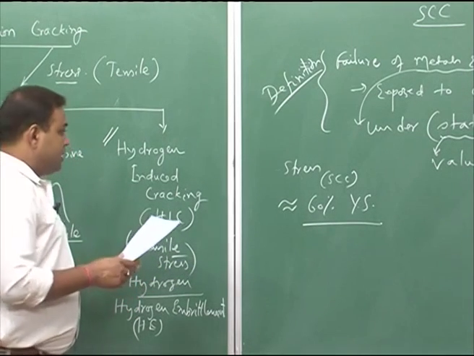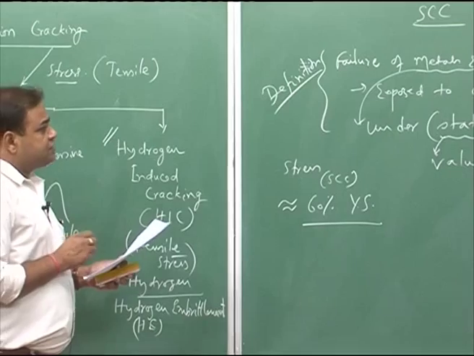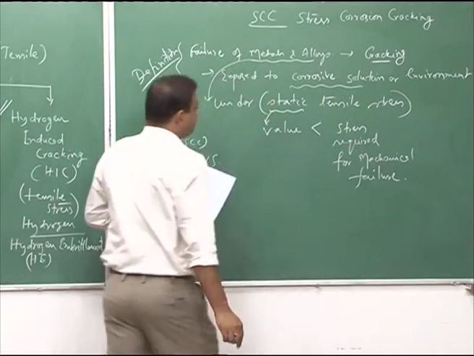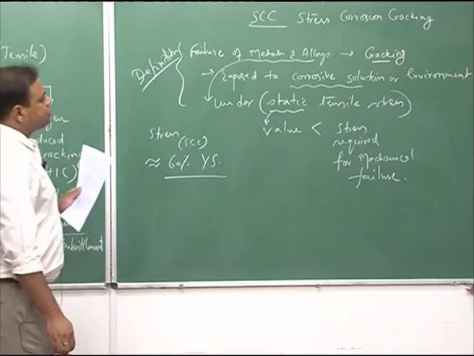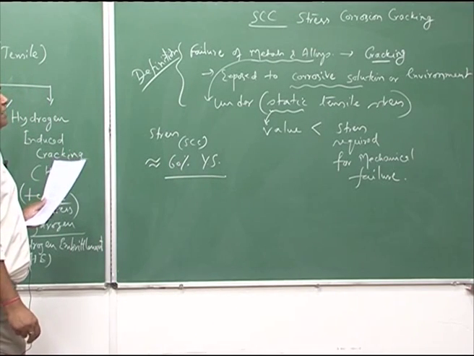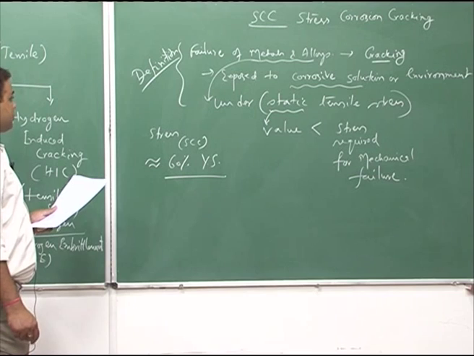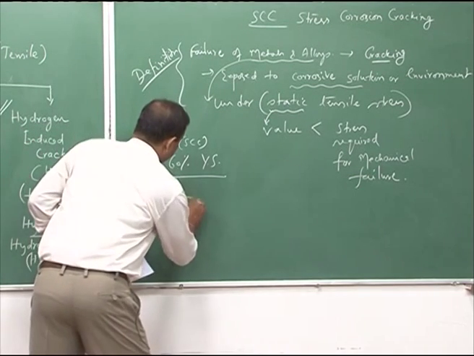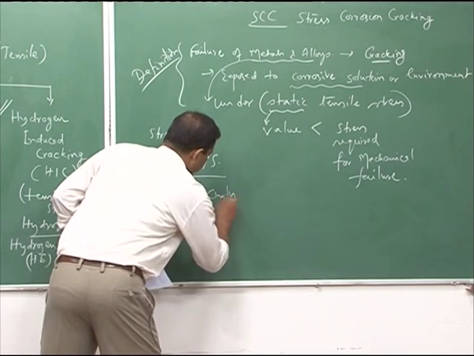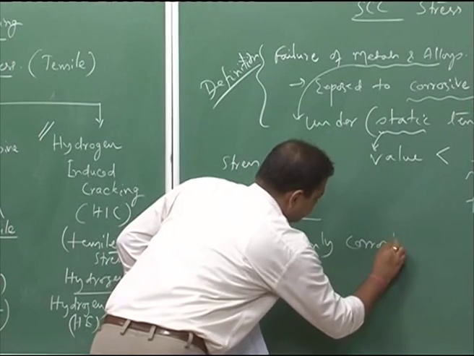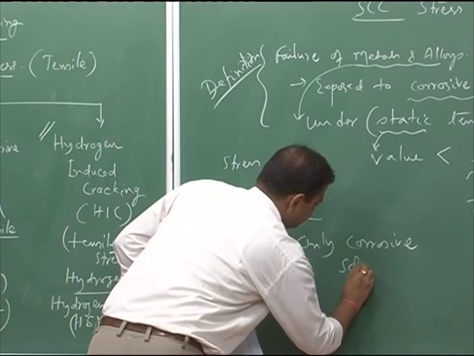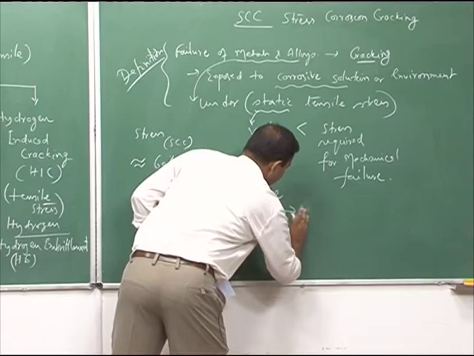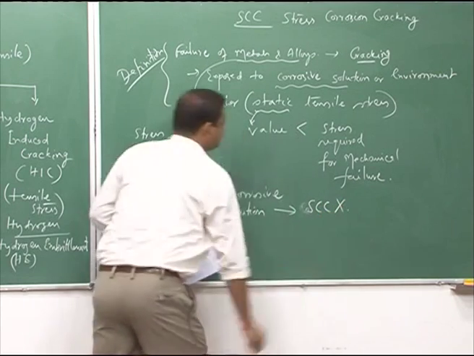Now, another point is, if you see the corrosive solution, only the corrosive solution cannot lead to the cracking phenomena or stress corrosion cracking. So, only corrosive solution does not lead to SCC.